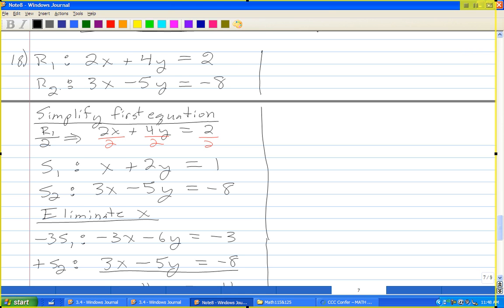And so let me rewrite this system as an augmented matrix. And so if I do that, I get the 2, 3, 4, -5, 2, -8. And so that's the first step, write this augmented matrix.